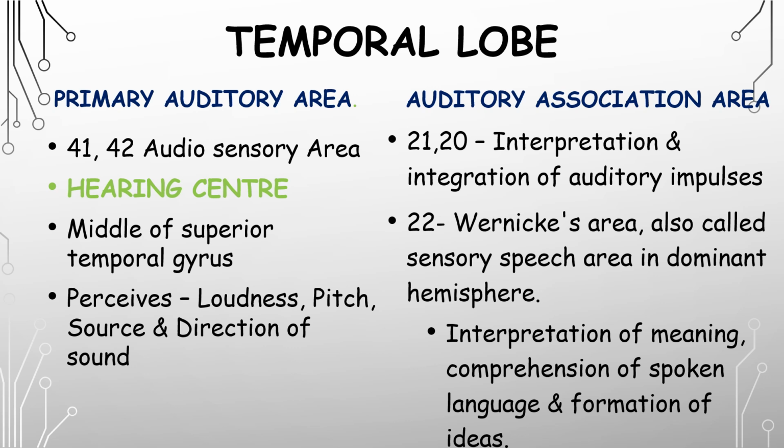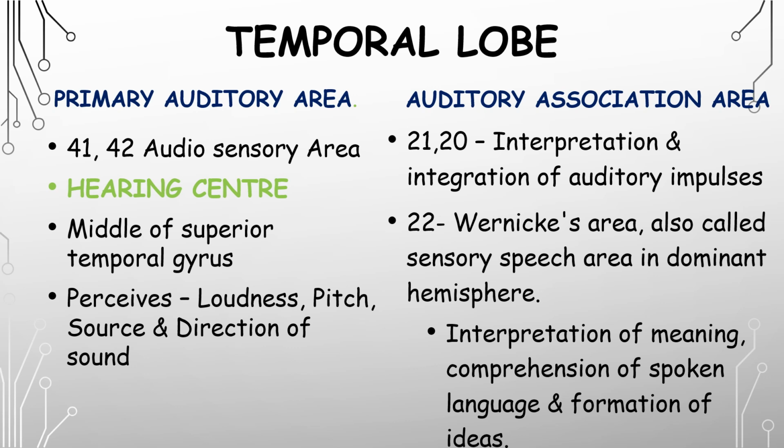Areas 21 and 20 receive impulses from the primary area and are concerned with the interpretation and integration of the auditory impulses. Whereas area 22, which is also called the Wernicke's area or the sensory speech area in the dominant hemisphere, is concerned with the interpretation of the meaning of what is heard, and also the comprehension of the spoken language.